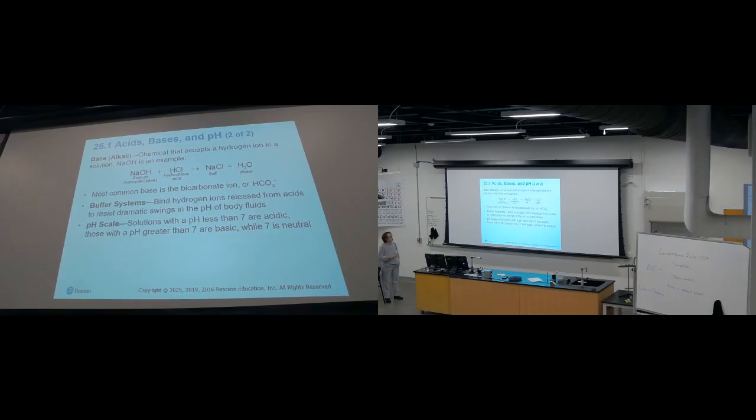If you combine it with an acid, like hydrochloric acid, the hydrogen from hydrochloric acid combines with the hydroxyl group from sodium hydroxide to form water, and the sodium combines with chloride to form sodium chloride. The most common base that we have in our body is bicarbonate ions, basically HCO3 minus.